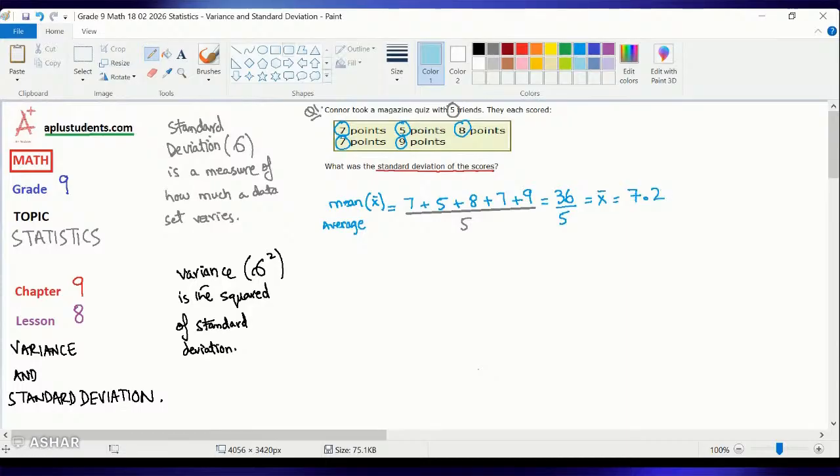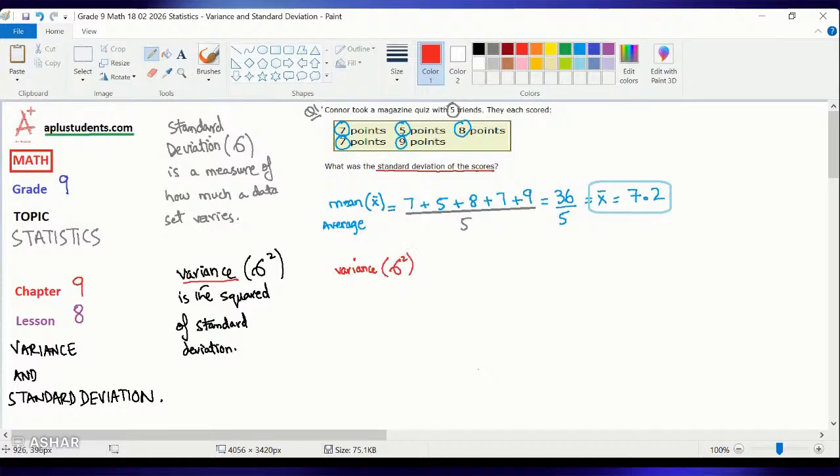With this information, we will try to find the deviation. We cannot find the standard deviation directly. We try to find the variance first, sigma squared.